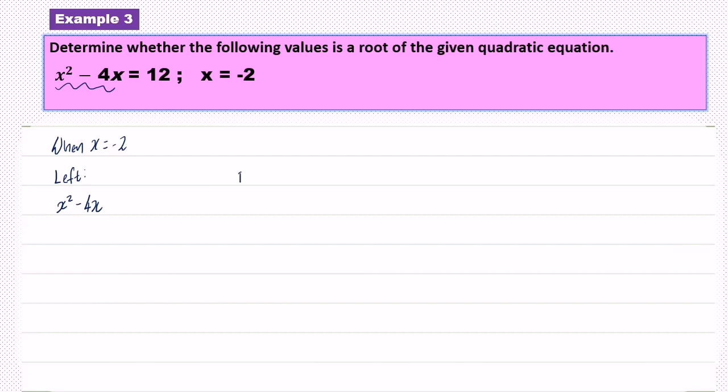And at the right hand side we have 12. So as usual, we just substitute the value of x into here. Negative 2 squared minus 4 times negative 2. Negative 2 squared is 4. Negative 4 times negative 2 is plus 8, equals 12.